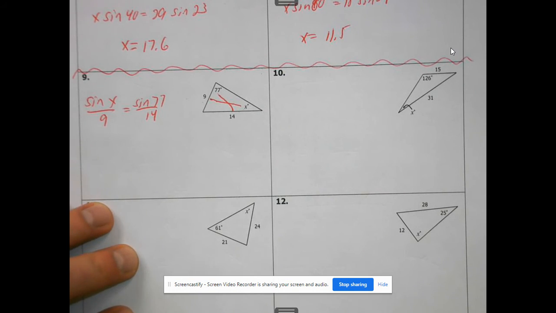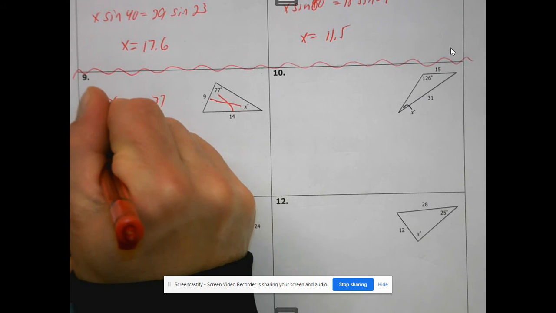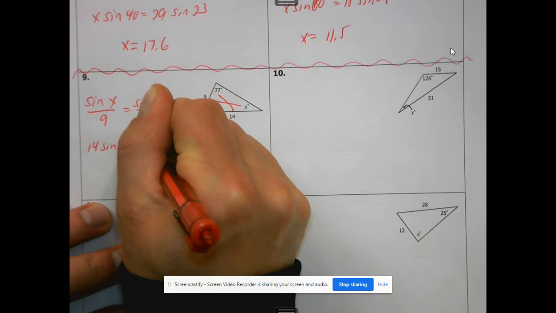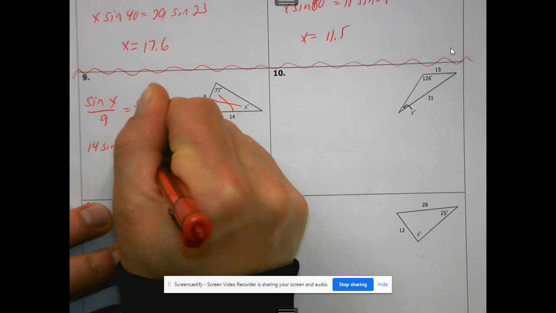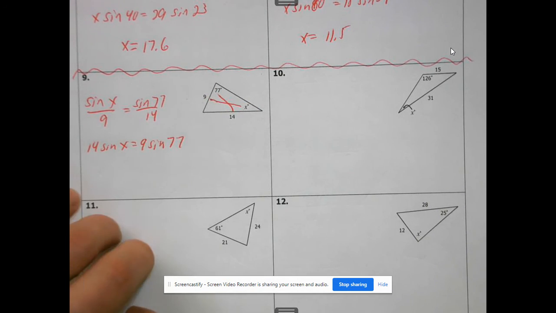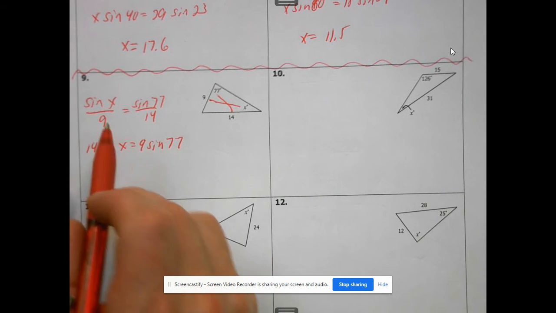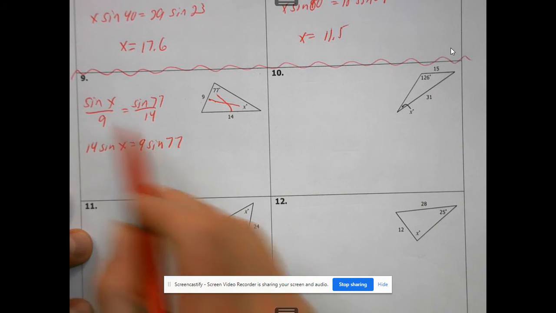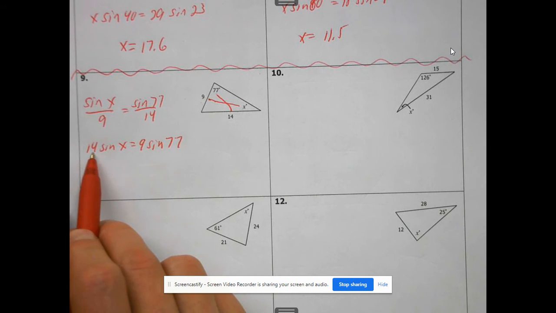Same thing, cross multiply. 14 times sine x equals 9 times sine 77. Okay, now what I need to do is this. I did cross multiply, but now I need to get rid of this 14 first. So what I'm going to do is divide by 14.